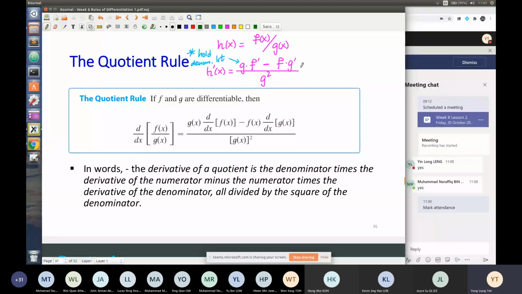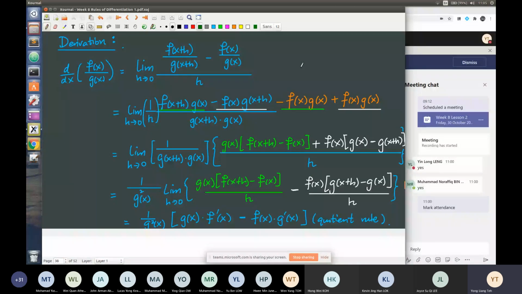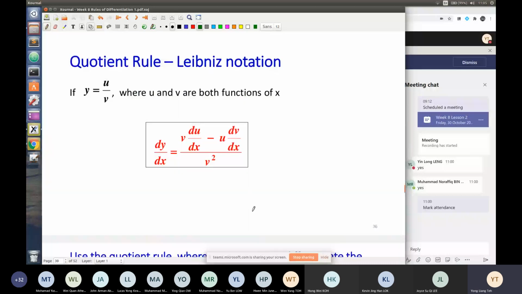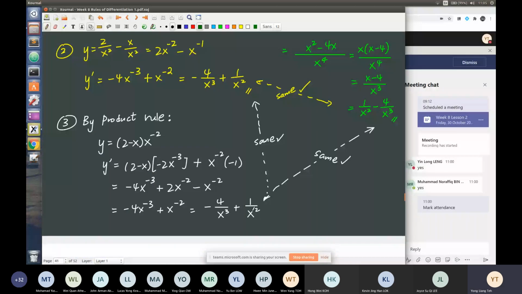And then we also derived this quotient rule here. It looks like a mess, but it's really quite straightforward, just that you have to move terms around and put the terms in a nice fashion so that you can get your quotient rule. I also mentioned that you can choose to use the quotient rule or the product rule, because the quotient rule is practically f times 1 over g.